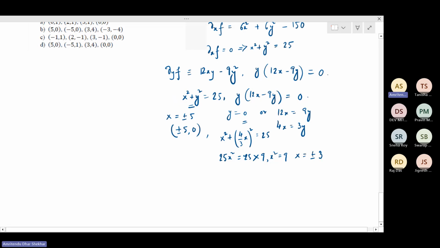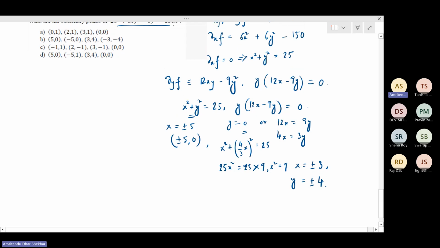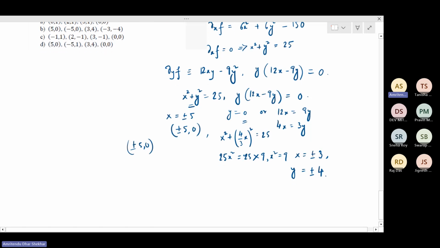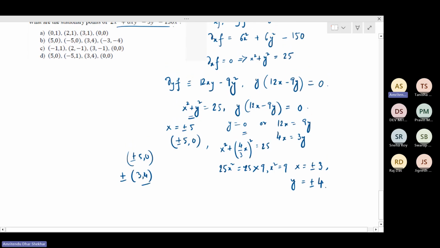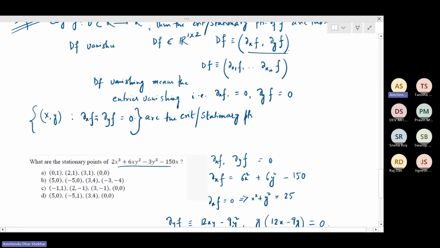If x is equal to plus or minus 3, then y is equal to plus or minus 4. So there are four critical points: plus or minus 5 comma 0, and plus or minus 3 comma 4. Okay, right. So this is how you're supposed to find the set of critical points.